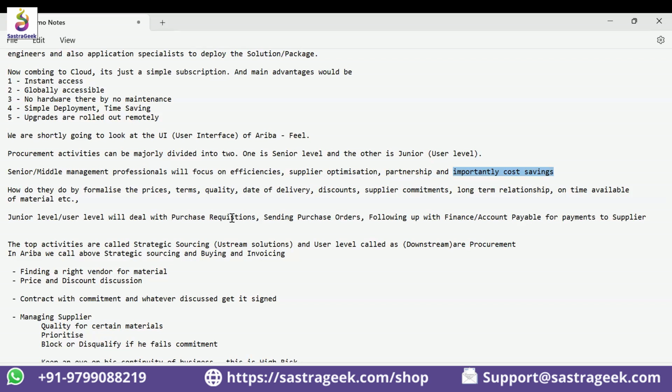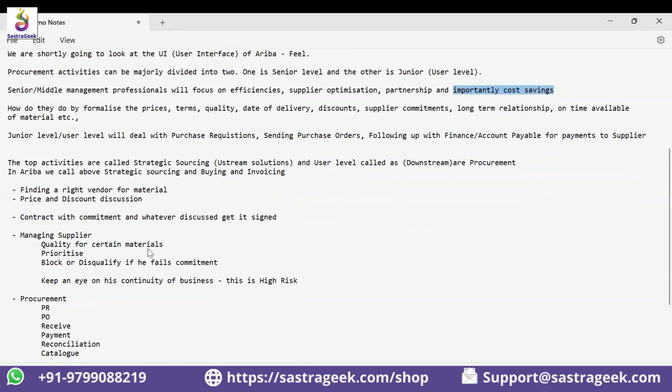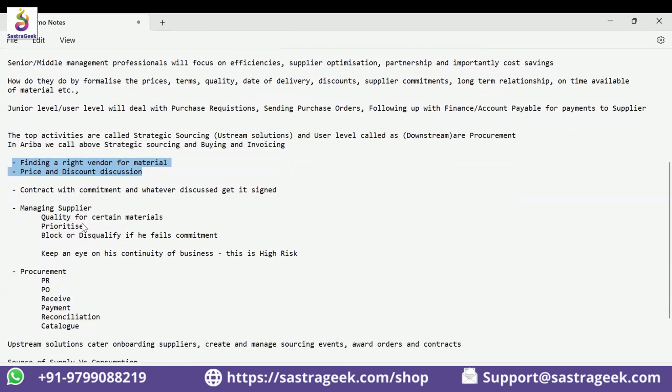Okay, now coming to strategic sourcing. Our objective is finding the right vendor for the material, and price and discount discussion. Once we have achieved this, we're going to have a commitment with that supplier that we have agreed on so-and-so price for so-and-so time. That is contract management. So you need to have a contract, and we also need to maintain the supplier in our system.